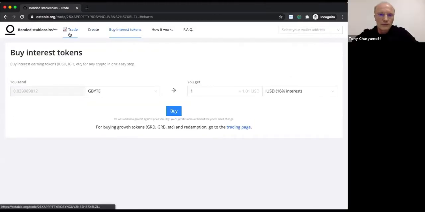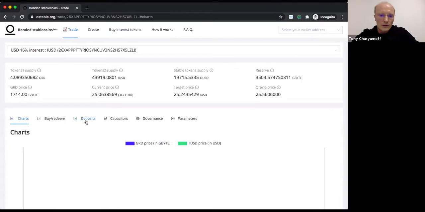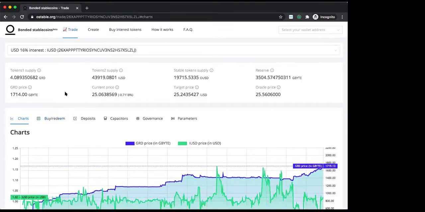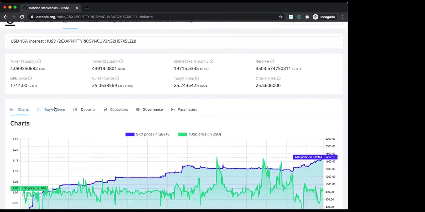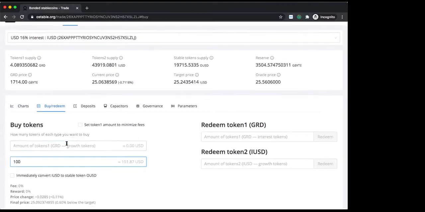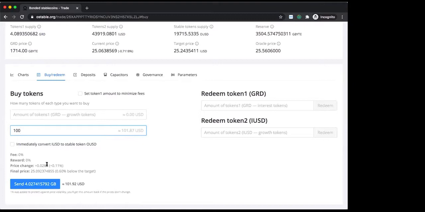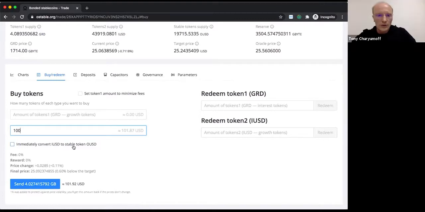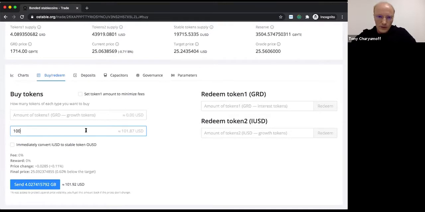There is the app where you can buy those stablecoins. You type in how many stablecoins you want to buy, and you see how much in crypto you have to pay in order to buy them. That's it.